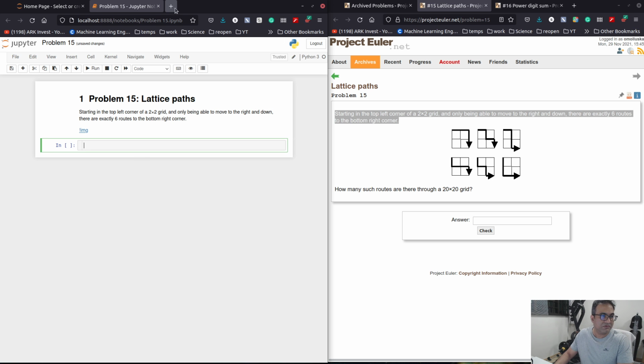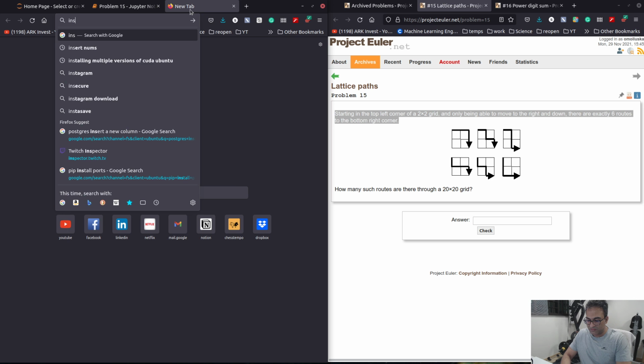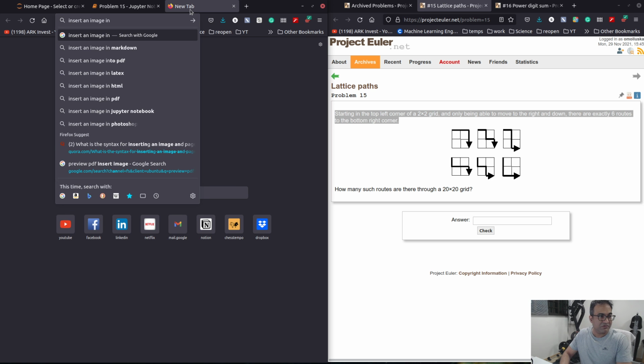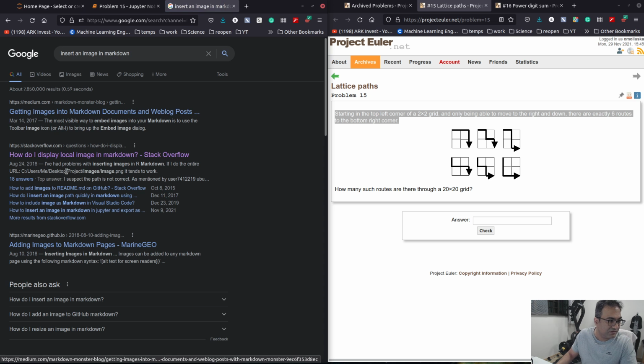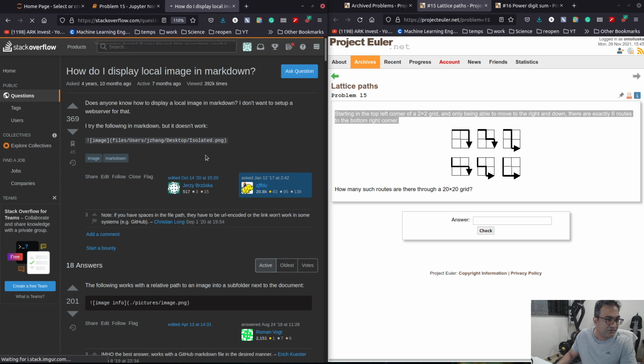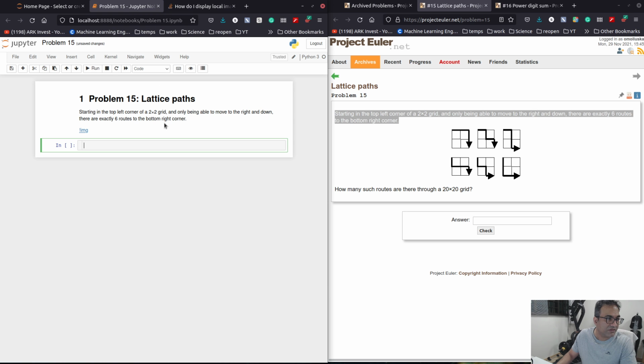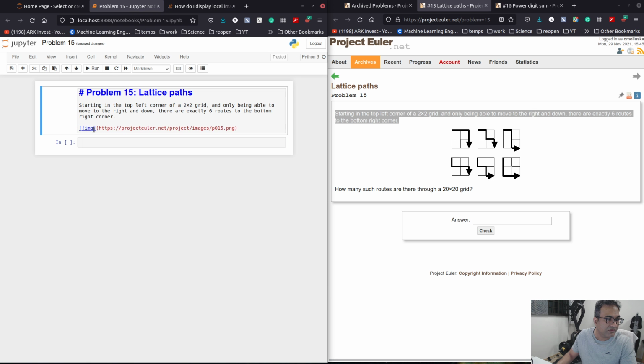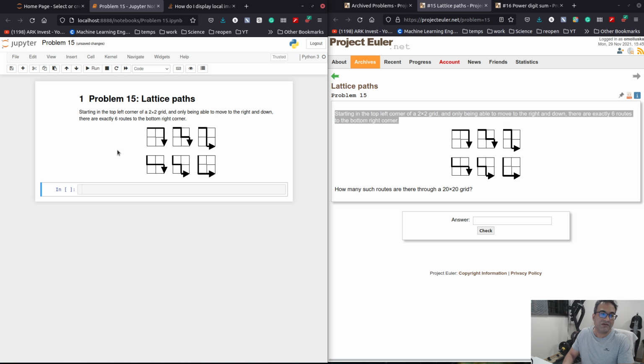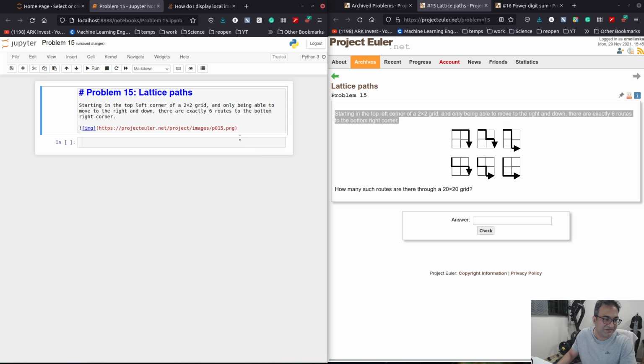No. Okay, insert an image in Markdown. How do I display it? Okay, something like that. So the thing has to come outside like that. Will this work? Perfect. Nice.